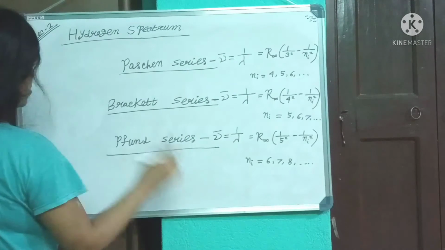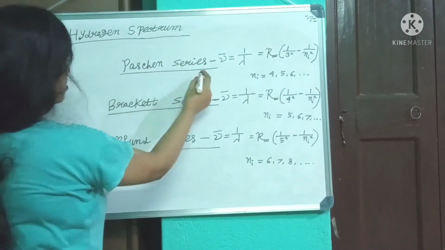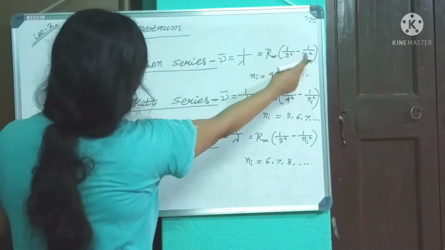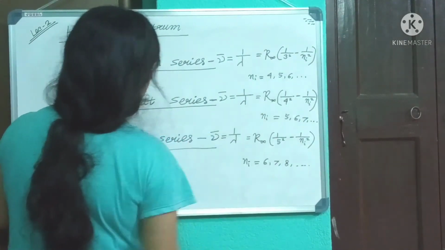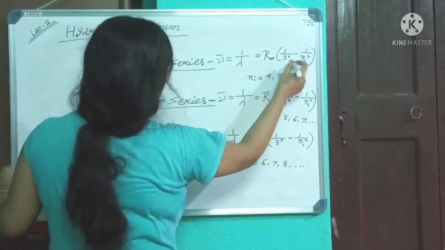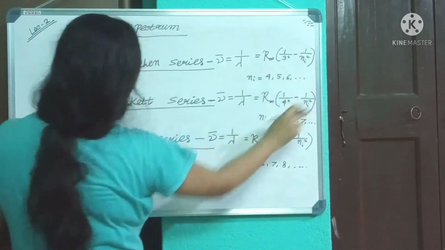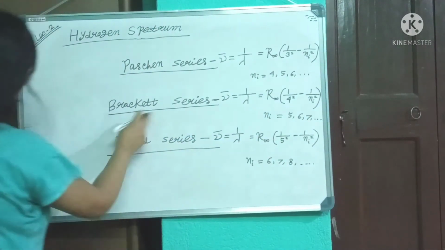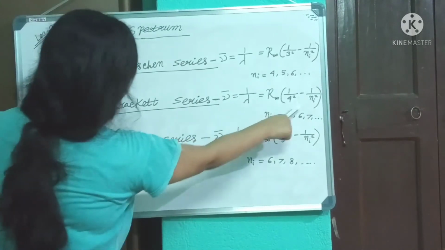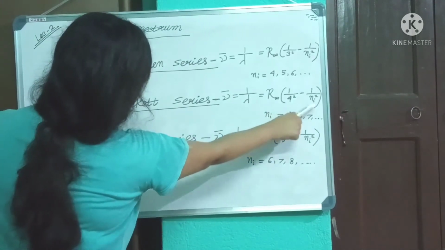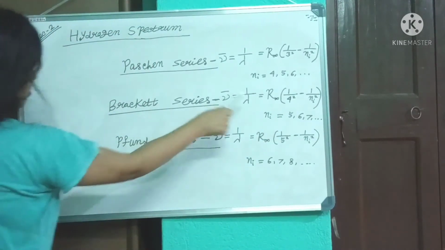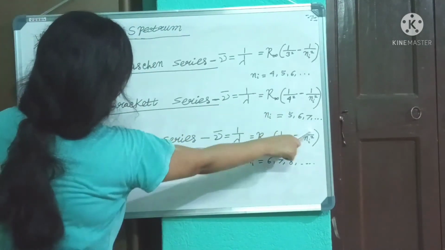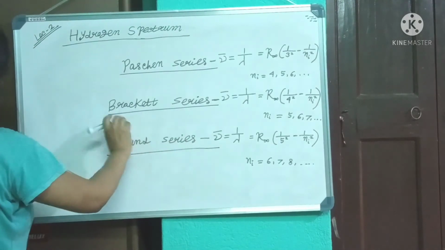Now, depending on the values of nf, we also get 3 different kinds of series. For nf equals 3, we get the Paschen series, where nf equals 3 and ni takes values 4, 5, 6 and so on. For nf equals 4, we get the Brackett series, where ni equals 5, 6, 7 and higher values.